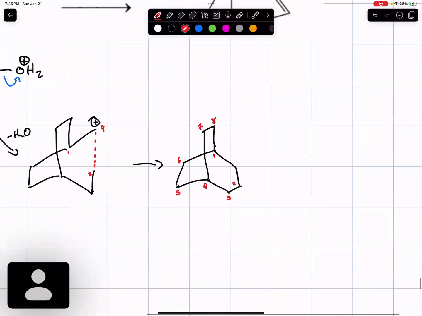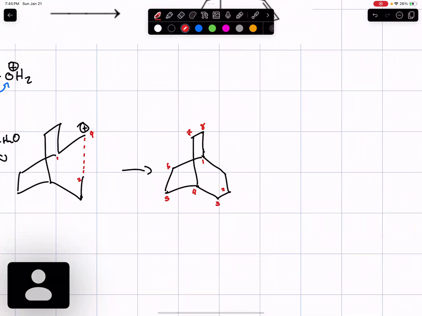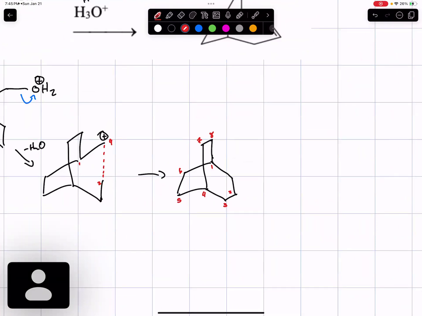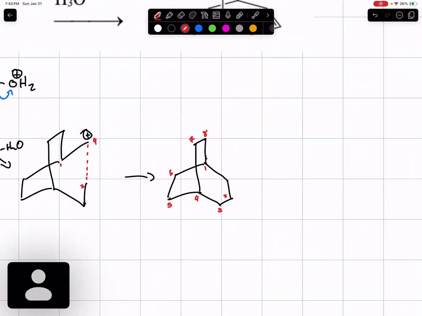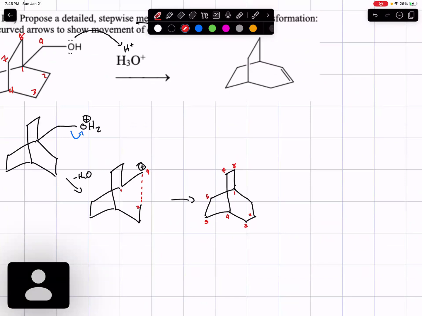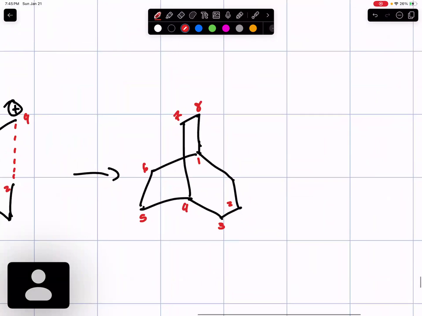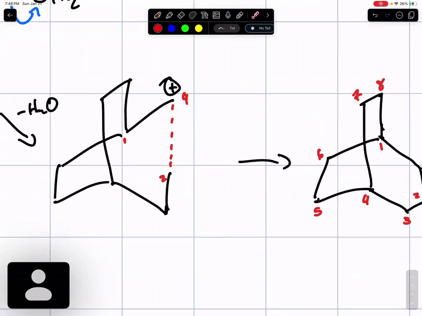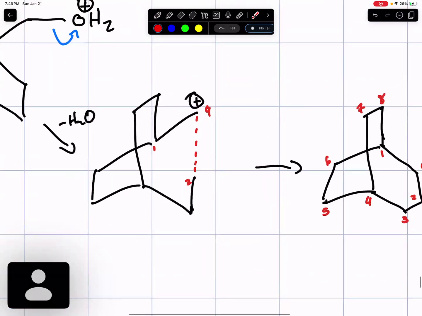So where am I now forming a positive charge? Where am I forming a positive charge? If I broke the bond between 1 and 2, and I formed it between 2 and 9, which carbon no longer has 4 groups?